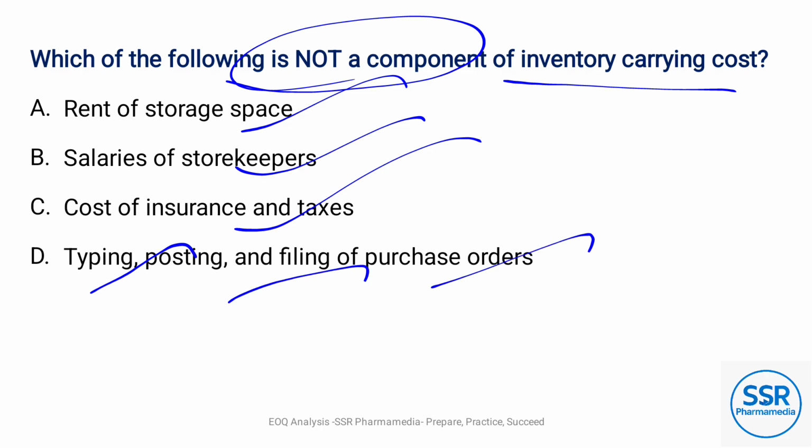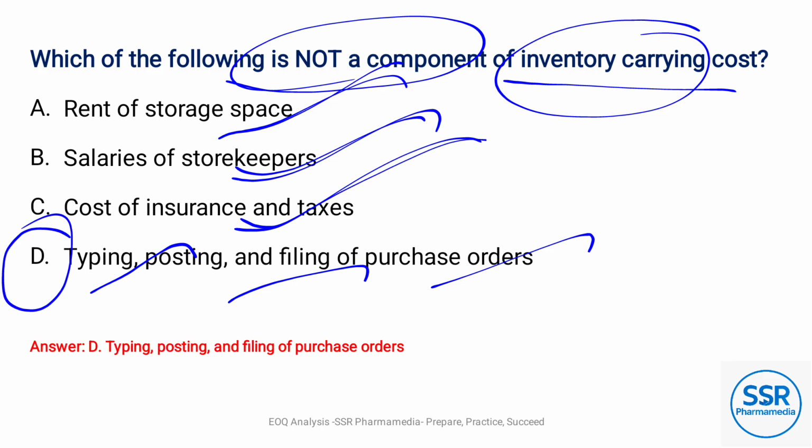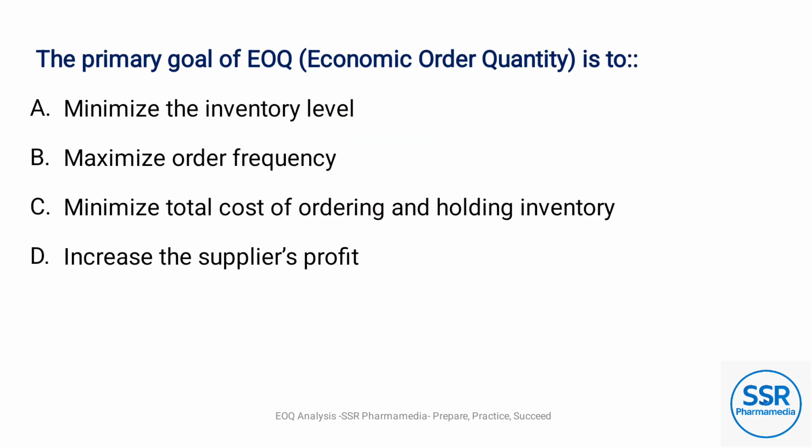So among these four, rent is inventory carrying, salary is also inventory carrying, and cost of insurance is also inventory carrying. So the option is D. Typing, posting, filing of purchase order is called ordering cost. It's not an inventory carrying cost.